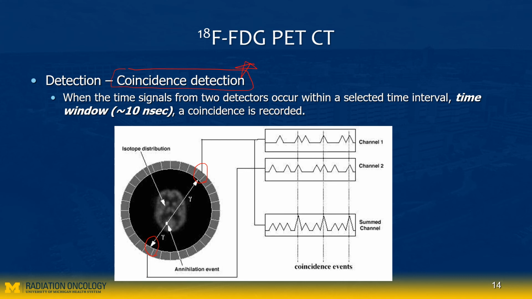Channel 1, this detector, will get signal all the time, right? And channel 2 will get signal all the time because there are tons of other signals. But when channel 1 and channel 2 both receive a signal at the same time, you can say that along this path, there was one event.